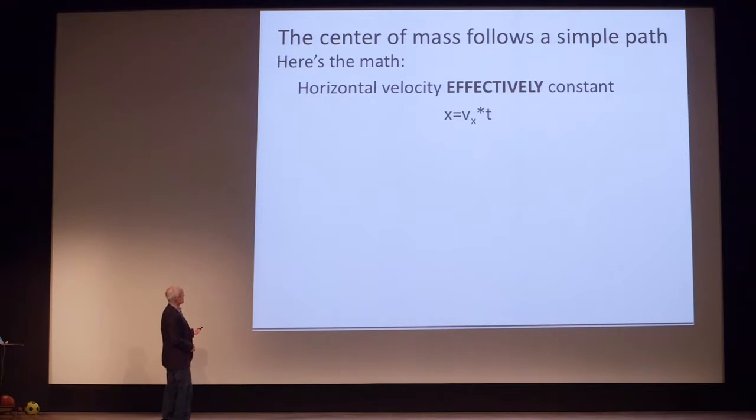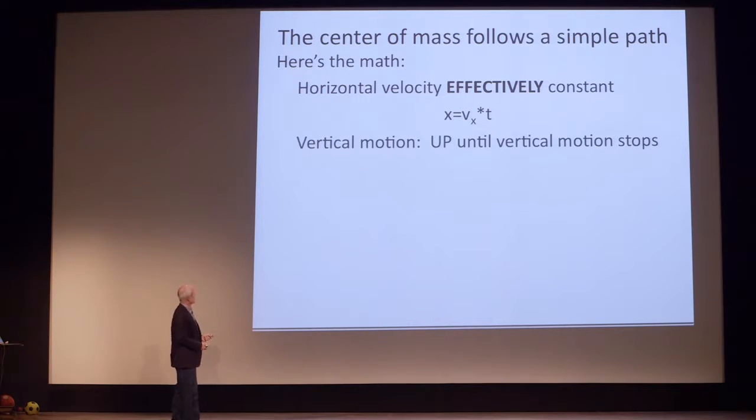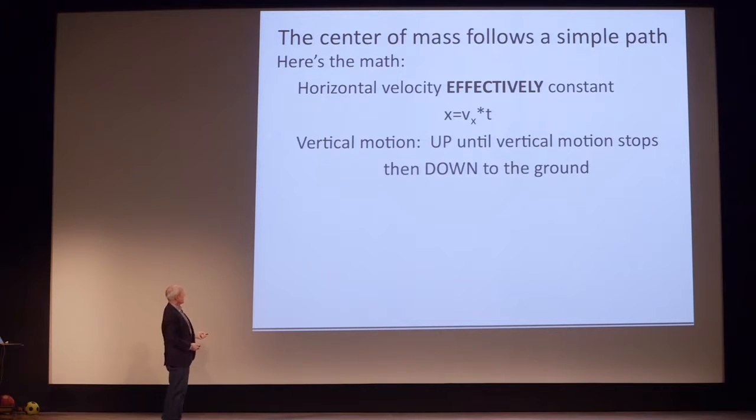So the distance is proportional to the time, and the proportionality is the velocity. Okay, so that doesn't change. Horizontal velocity doesn't change. But in the vertical direction, Michael goes up until his vertical upward motion stops, and then he goes down and to the ground.